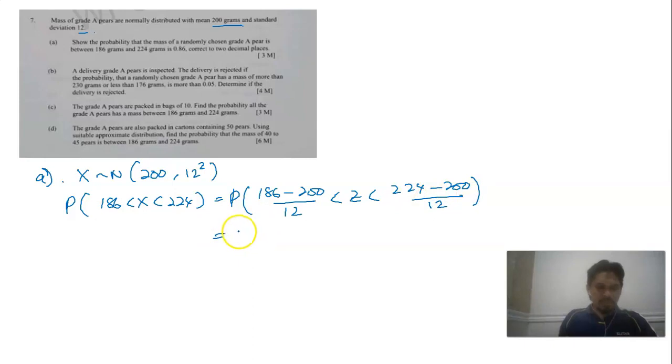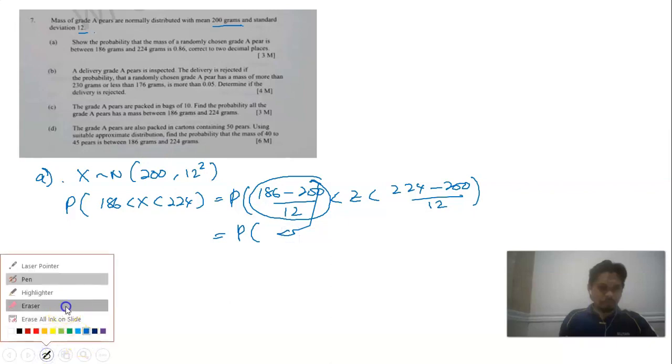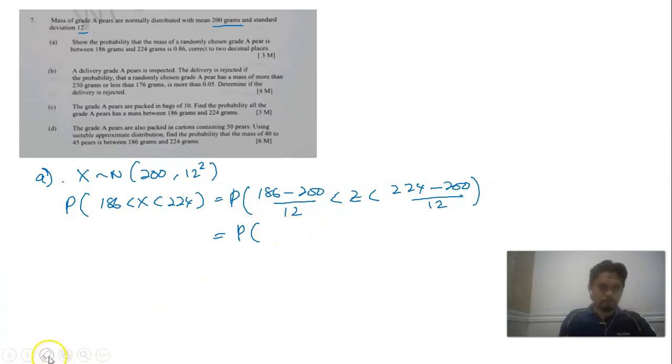Okay, so in this case the probability is equal to, the whole of this, negative 1.17, and this one gives you 2. Yes, 224 minus 200 is 24, 24 divided by 12 equals 2.